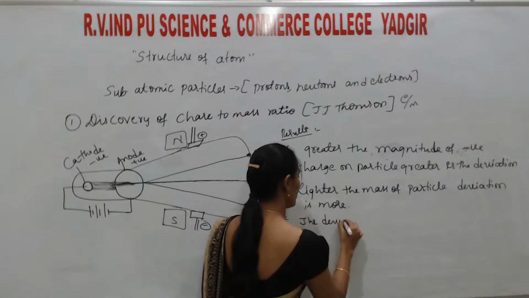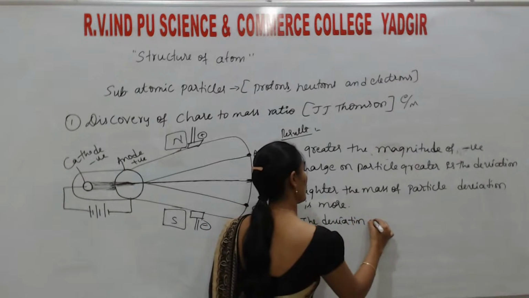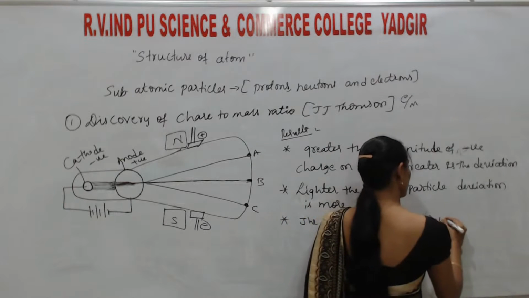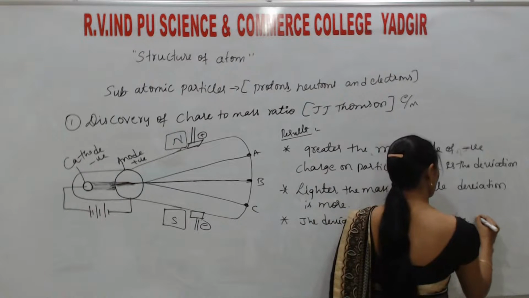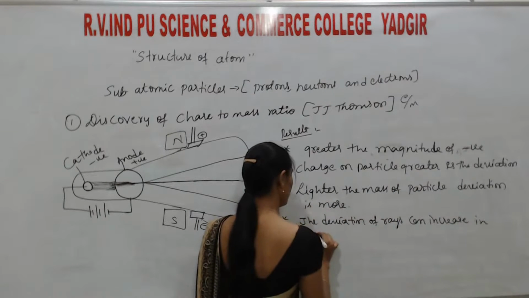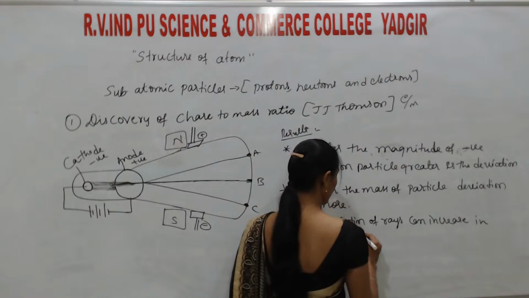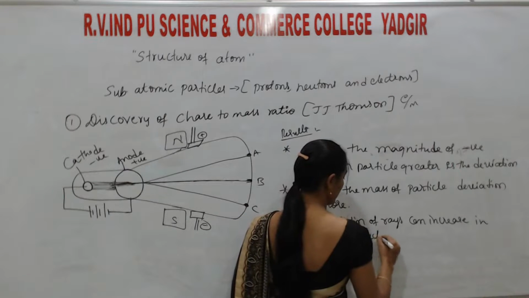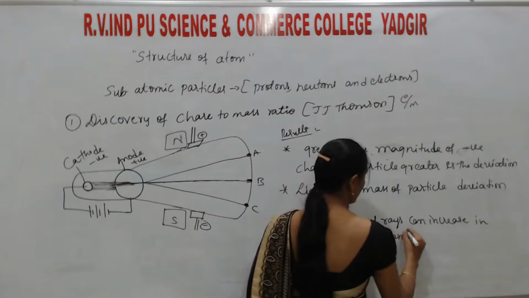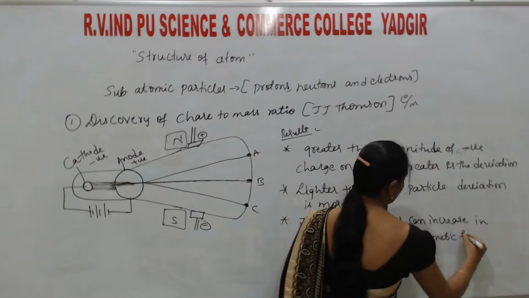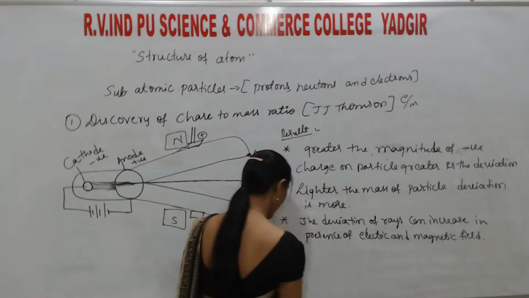The deviation of rays can increase in presence of electric and magnetic field. Okay.